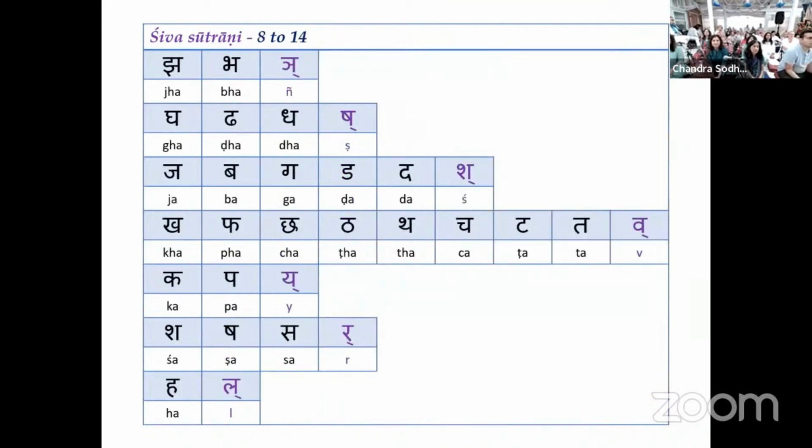Jhabhanya. Gadhadhasha. Jabagadadasha. Ka, pa, cha, ta, chatatava.